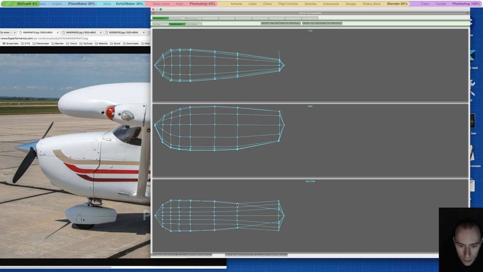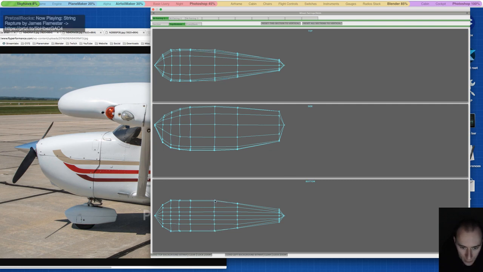However, yeah, this one should be on top. And so, and so, and so. Yeah, that's better. These could be vertical.